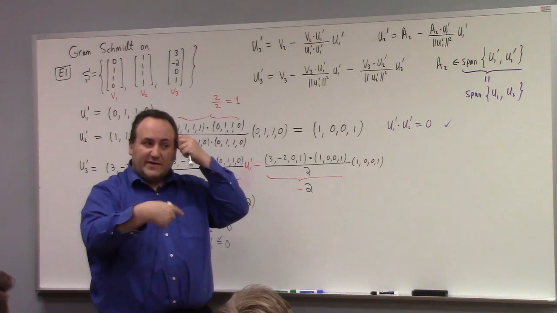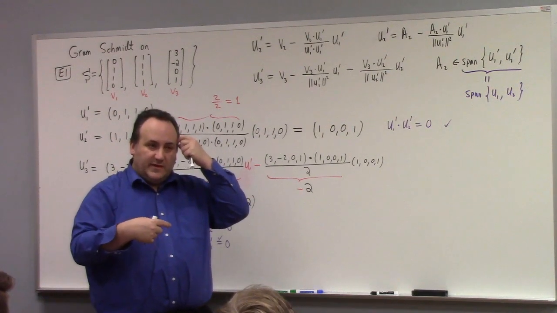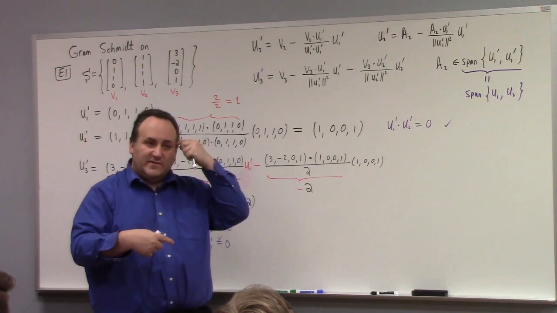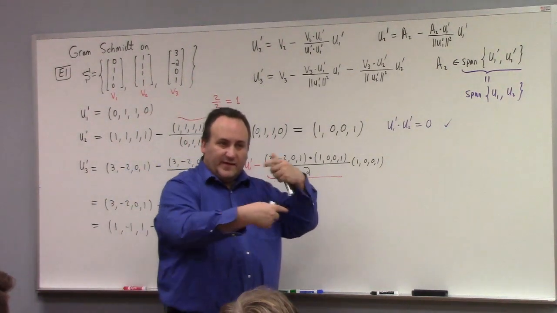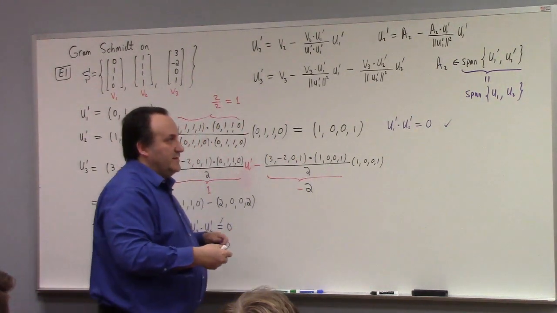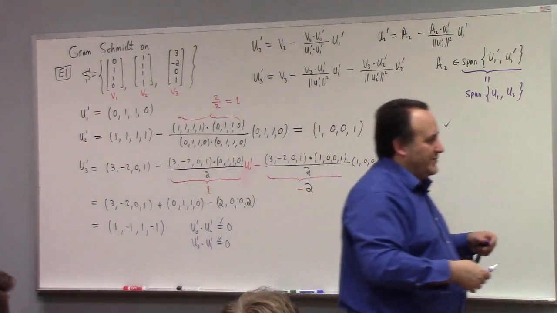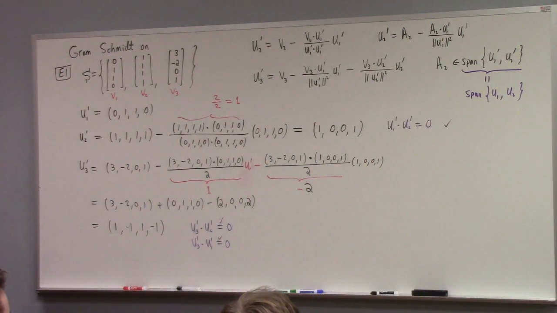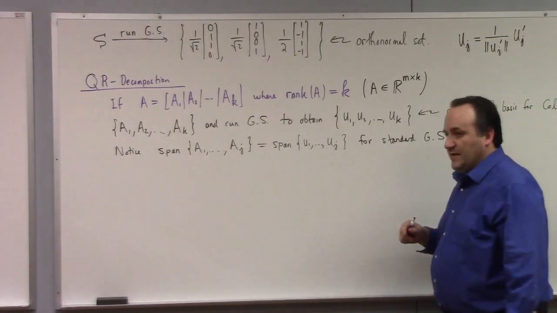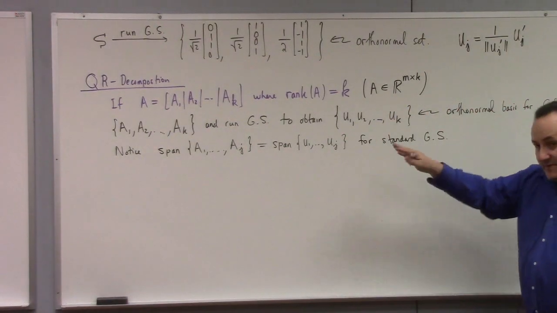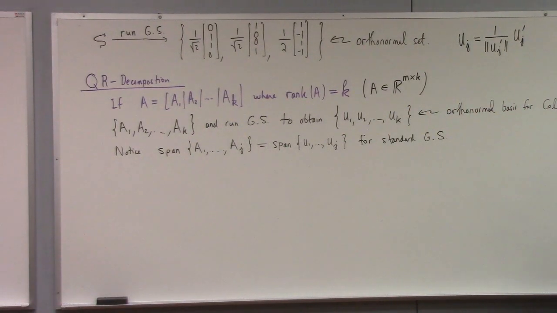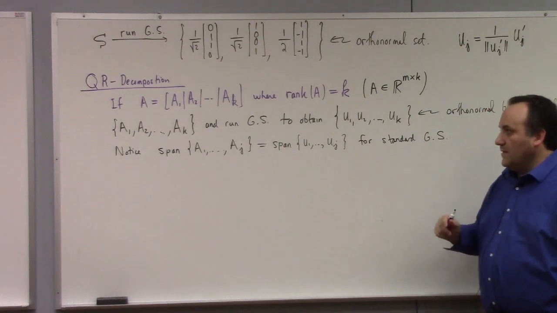Anything you could reach by linear combination with the unnormalized vectors, you can reach by almost the same linear combination with the normalized vectors. So anyway, let me not belabor this. I think it's fairly obvious that this is true for the Gram-Schmidt algorithm. For a modified Gram-Schmidt, I don't know, I'd be leery, okay? But for Gram-Schmidt, this is true.